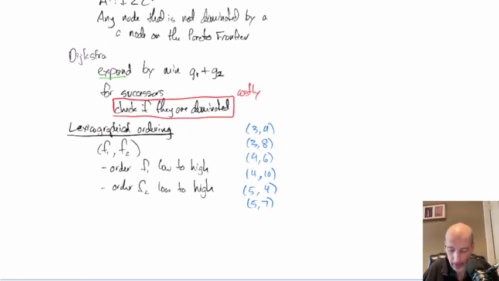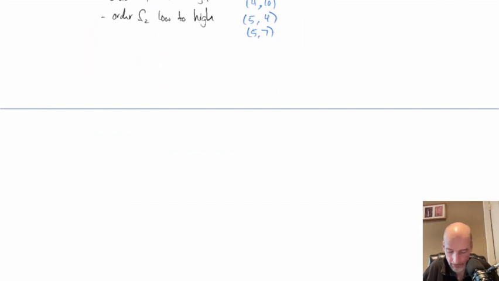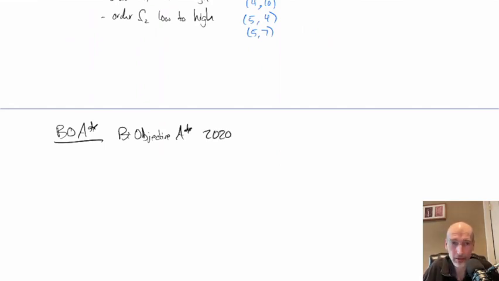But what we're going to look at is BOA star, which is bi-objective A star. Bi-objective A star is actually a relatively new algorithm, from 2020, by Carlos Hernandez Ulloa and his colleagues.